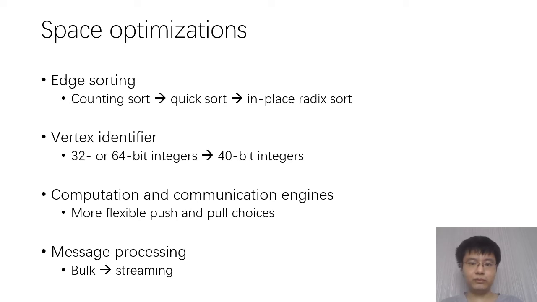Importantly, dual mode is now optional so as to trade some efficiency losses for space savings as well as reduced preprocessing costs when necessary. Centralized push and pull style processing are also enabled. The last important space-oriented decision change is regarding message processing, which shifts from bulk processing to a streaming fashion.